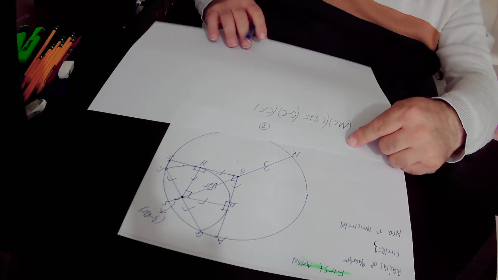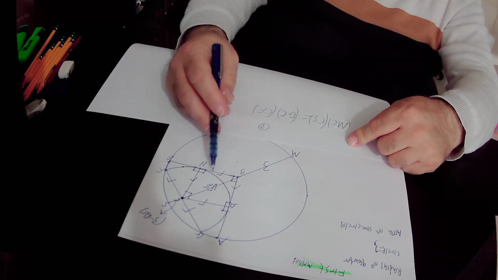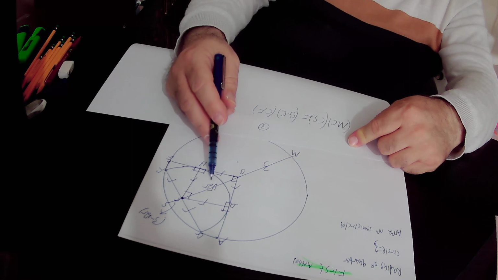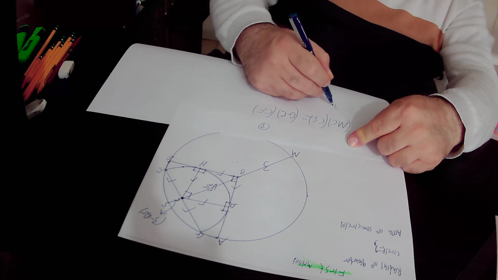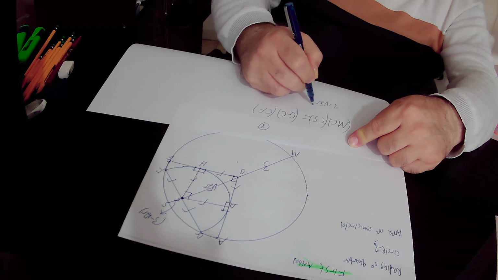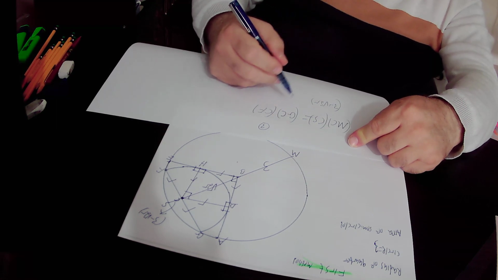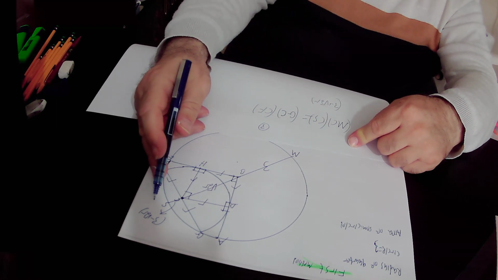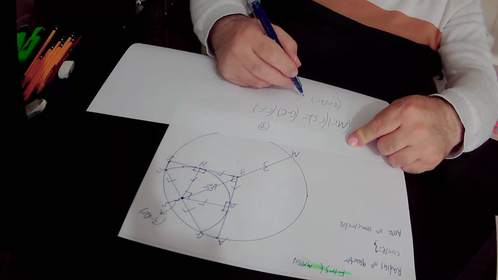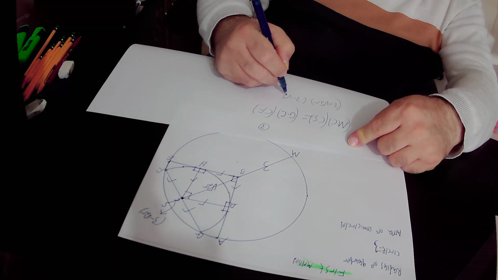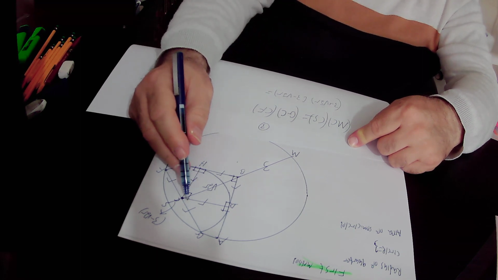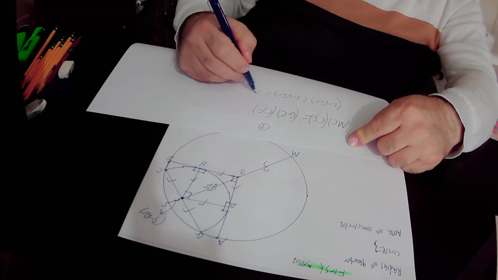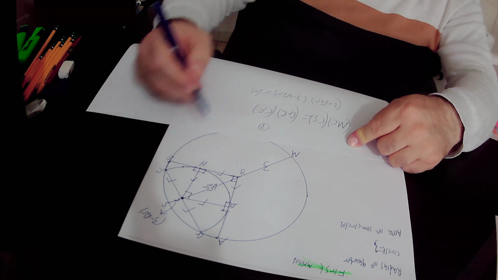We'll get that MC equals 3 plus square root of 2R, CS equals 3 minus square root of 2R, and it is equal to GC, that is R, times CF, that is also R.